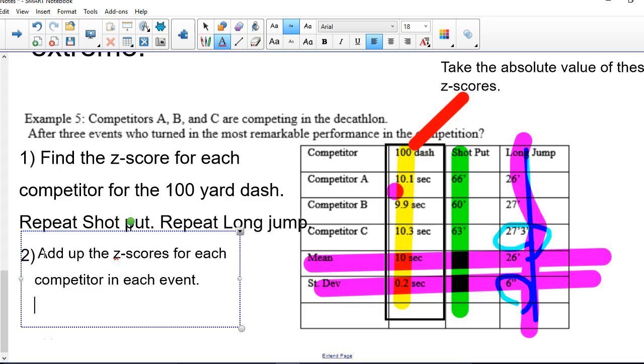So you'll have a total z-score for competitor A, B, and C. Then compare them and see which one is the most outstanding. At this point, rewind, listen to this part again if you need to. I think I was clear, but if I wasn't, write down specific questions that you need to come to class with tomorrow. I do expect this problem done for class, as well as the one question Schoology exam that I'll give you.